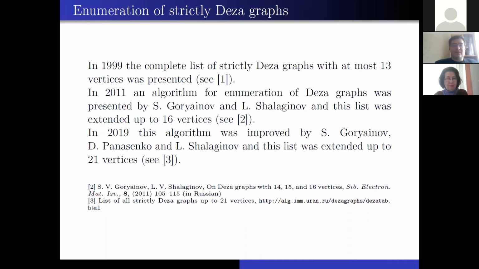And in 2019, this algorithm was improved by Sergei Goryainov, Leonid Shalaginov, and me, and this list was extended up to 21 vertices, and all adjacency matrices are available at this link. And if you're interested in studying DD graphs, you can visit this web page and look at these graphs in more detail.